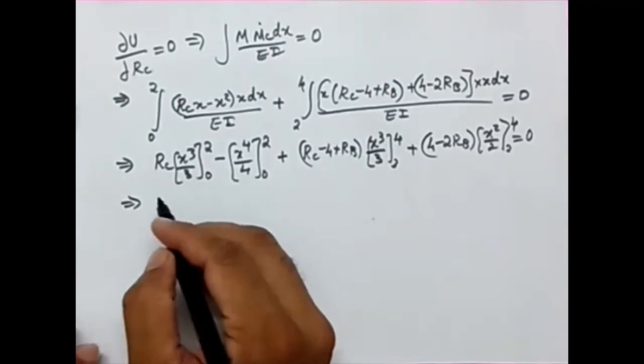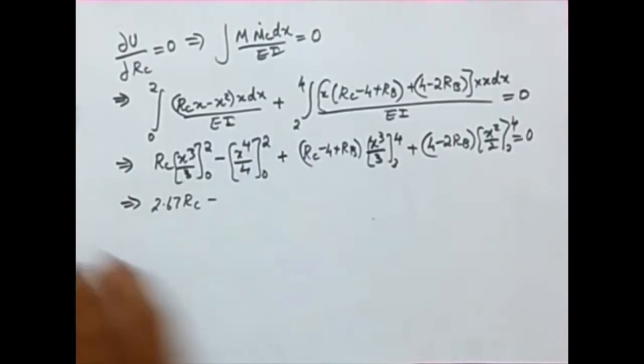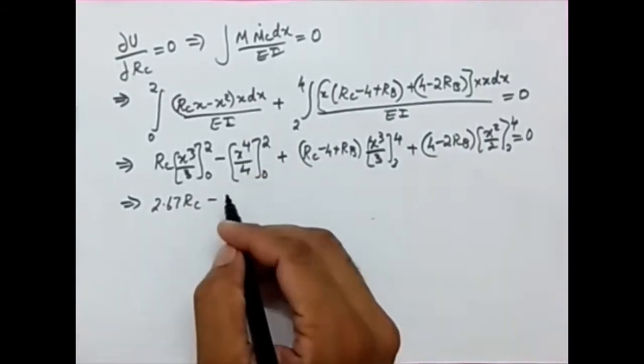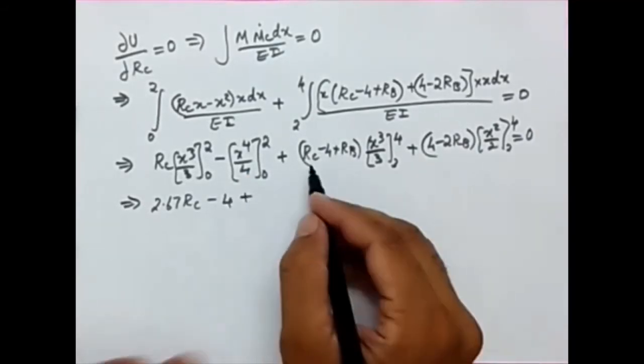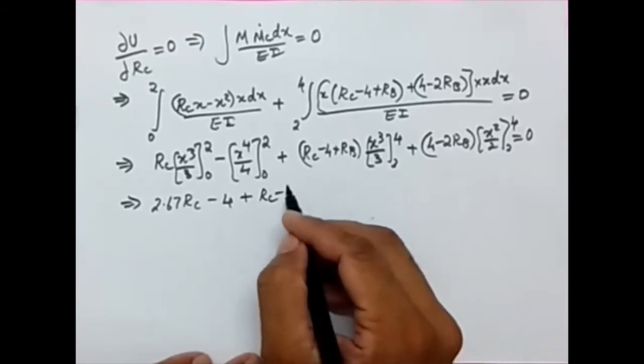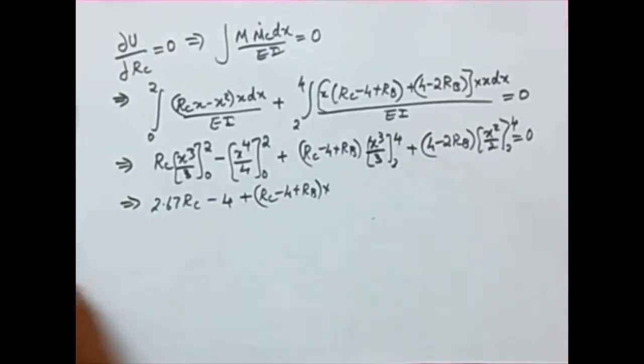What I'm going to get is 2.67 rc minus 2 raised to 4 divided by 4, which is basically 4, plus this term rc minus 4 plus rb times 4 cube minus 2 cube divided by 3.